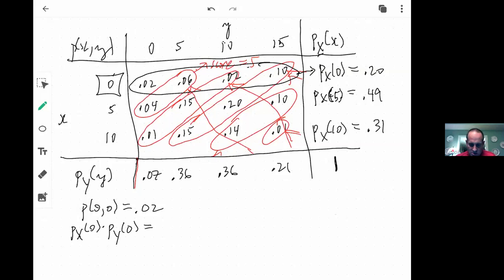Okay, so Px of 0 was 0.20, and Py of 0 is 0.07. Okay, so what does that equal to? 0.07 times 0.20 ends up being 0.014. Uh-oh. That does not equal 0.02.